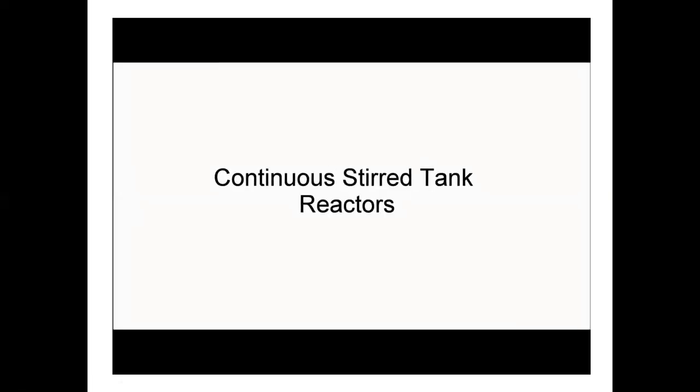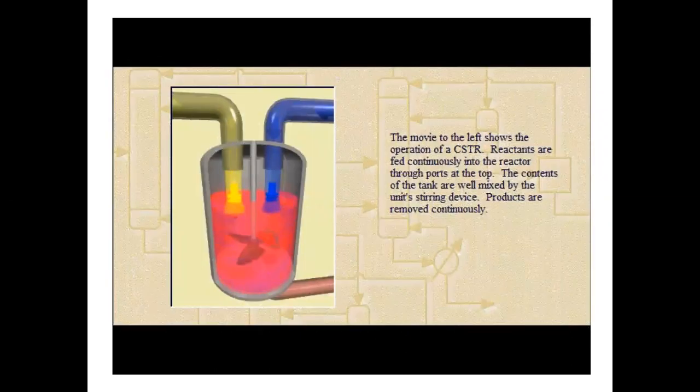Now let's look into how the fluid inside this reactor is mixed, or what the contacting pattern of the fluids inside your CSTR is. Continuous stirred tank reactors are open systems that operate on a steady state basis.